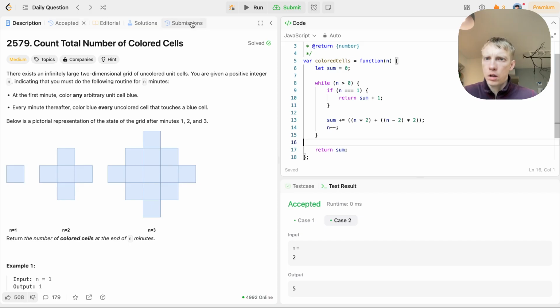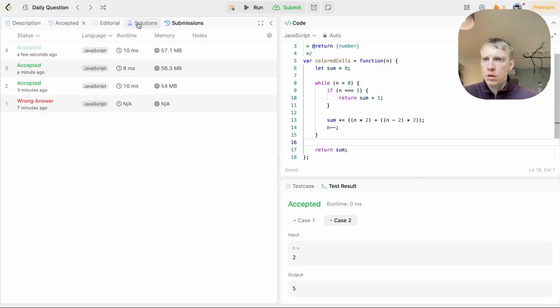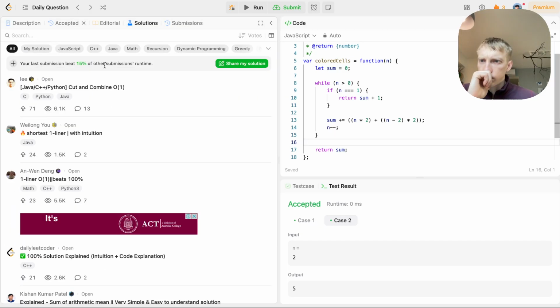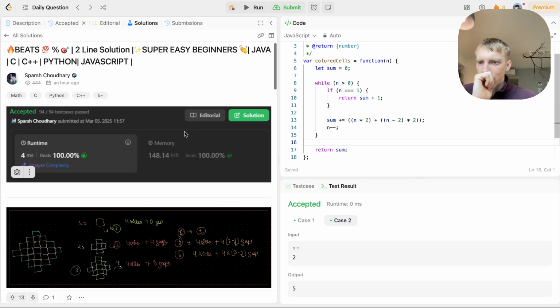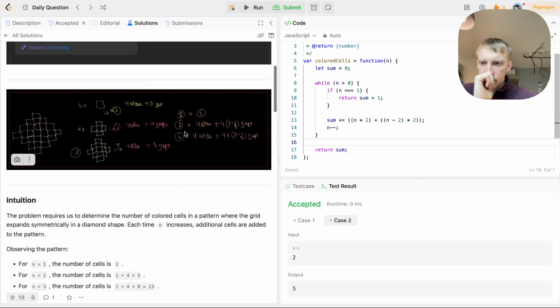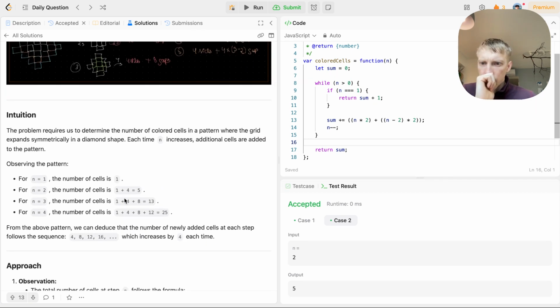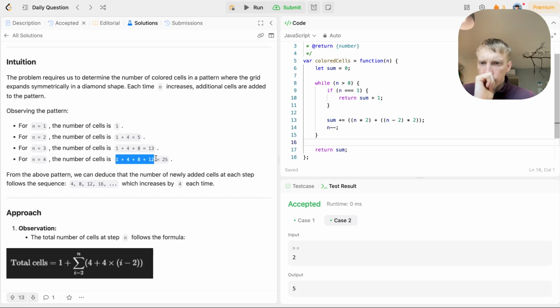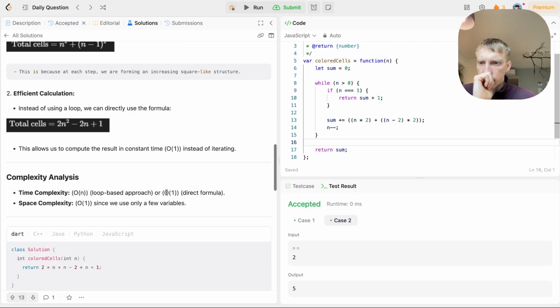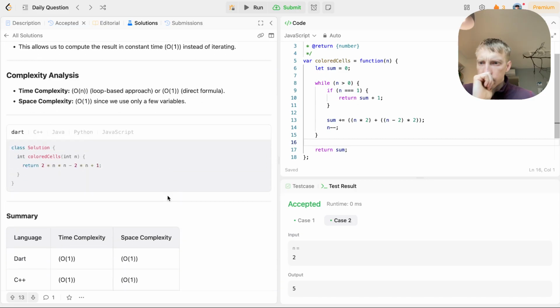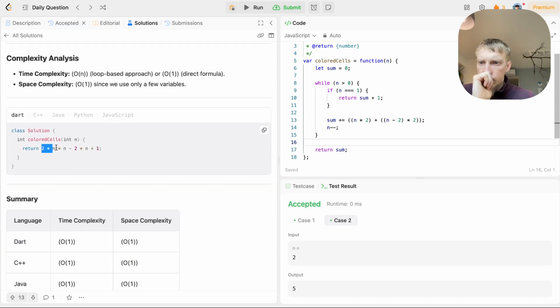It's accepted right now. Submissions, solutions, JavaScript, super easy for beginners. Okay. Yep. This is how I do it. Hmm.